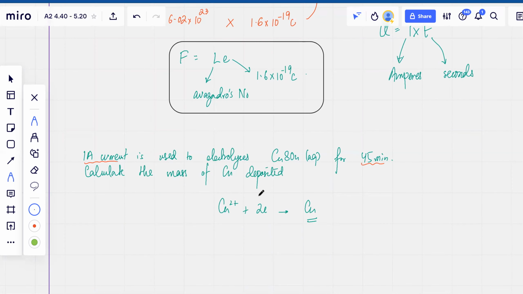You know the current and the time, so you can figure out the charge: Q is equal to I t, which is 1 ampere multiplied by 45 minutes, and every minute is 60 seconds. Can you solve this and tell me what the answer is?